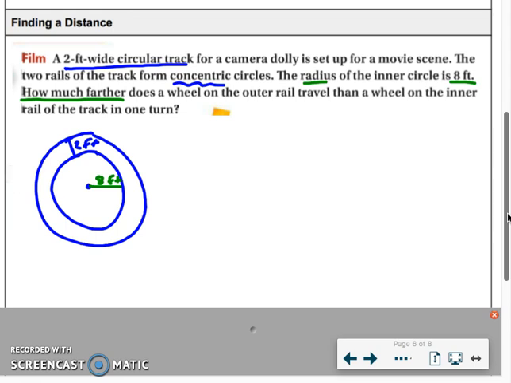We're going to get the outer circumference, and subtract the inner circumference, and that'll tell us how much more the outer wheel has to travel compared to the inner wheel. We're dealing with the radius for both of these, so we're going to do 2 pi r for both.